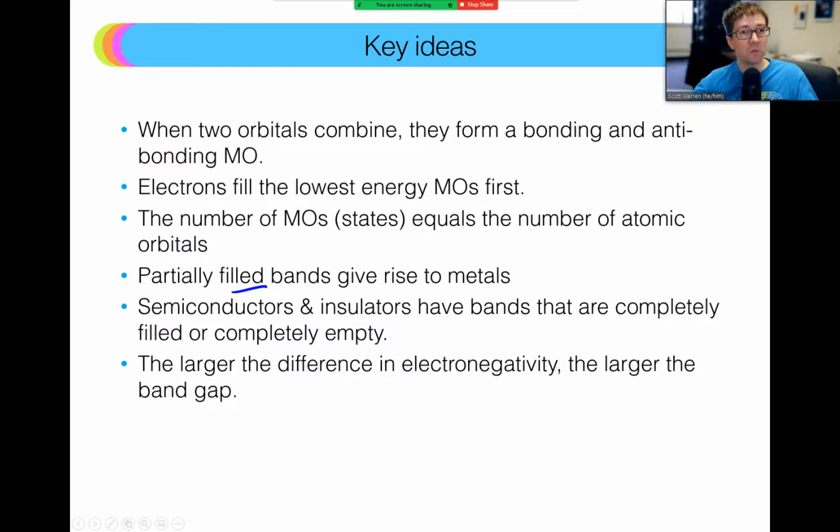And that's a really cool idea because, like in the case of aluminum nitride, we can think of aluminum nitride as being an insulator because of its large band gap. And that's exactly what we would predict, that aluminum nitride is an ionic solid in which the aluminum has given its electrons to the nitrogen.